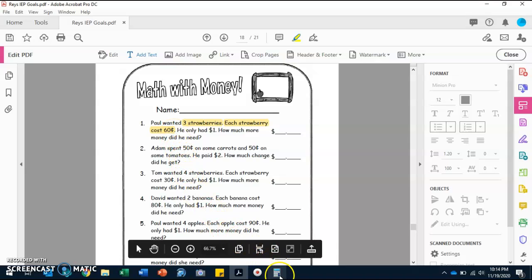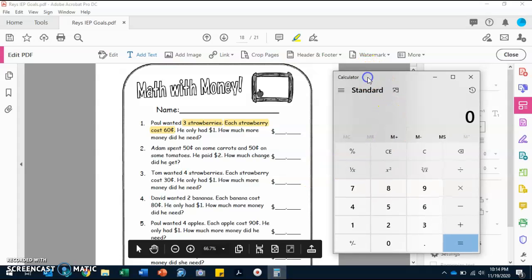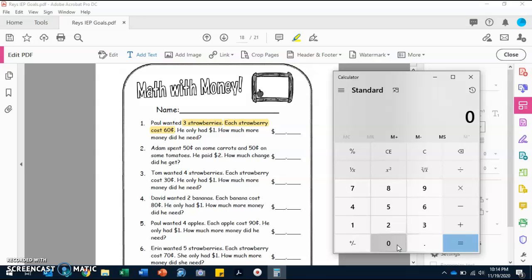So let's see how much 3 strawberries cost. We are going to multiply because we need to find out the total for 3 strawberries. They're only giving us the price for 1.